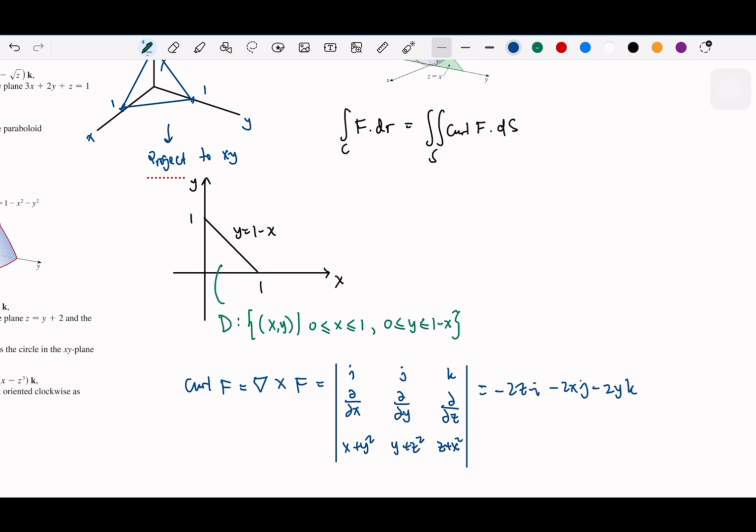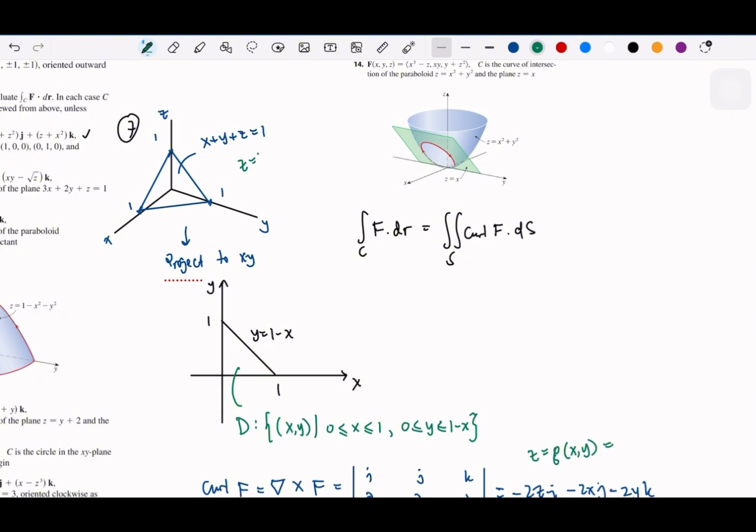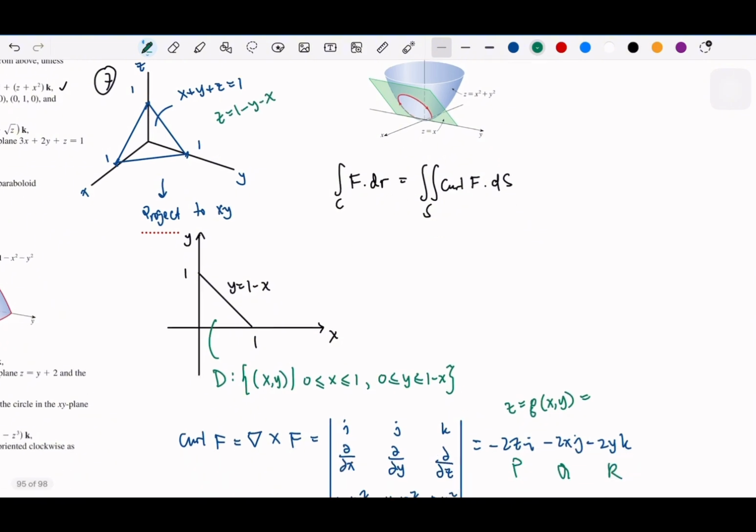Okay, so this will be P, Q, R. And then, using z as a function of two variables, we can write this as this plane here, so 1 minus y minus x. So we can have the dx dy, right?